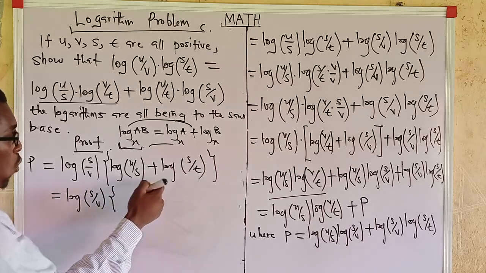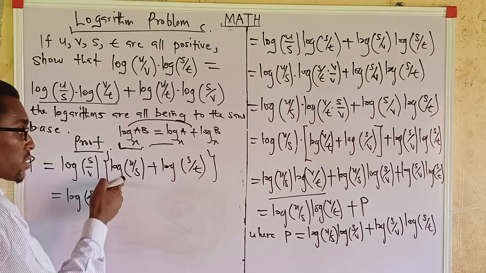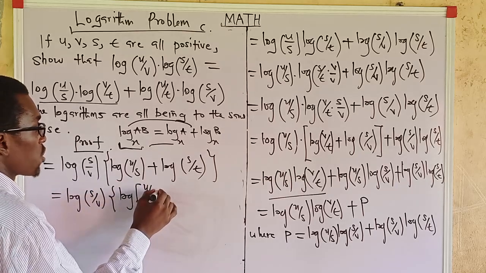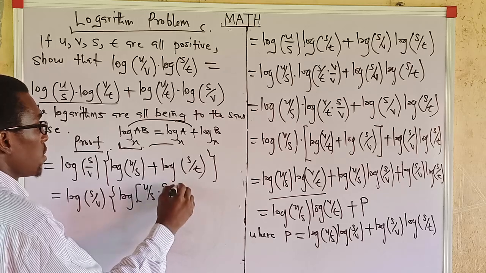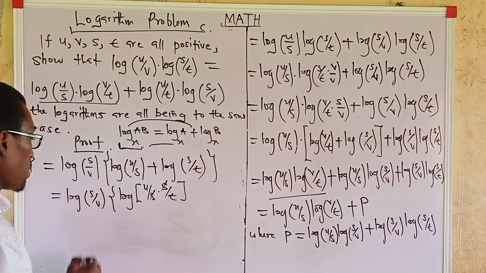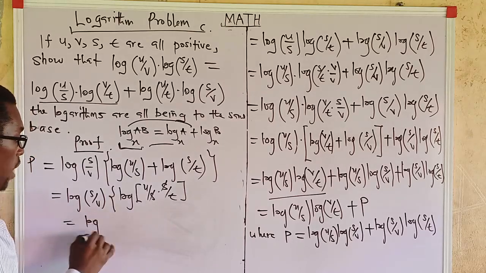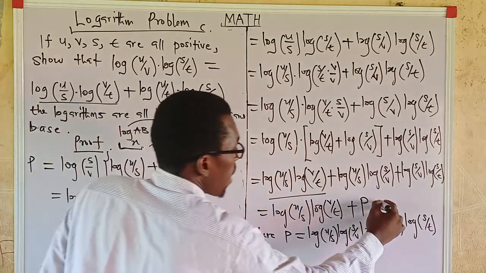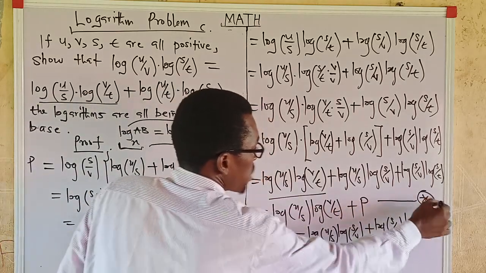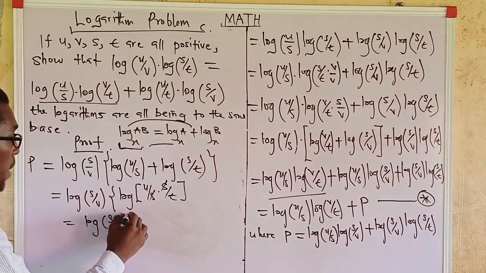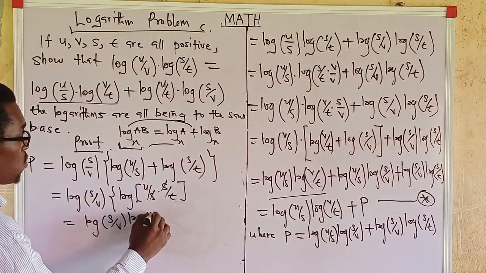In this case, reversing it by the law, it will become log to an arbitrary base of U over S multiplied by S over T, from whence this S will cancel out with this S. You agree with that? So in this case, we'll be having log to an arbitrary base of S over V, or please let's call this one star for reference purposes. We shall refer to it again if we're done with this side. Then multiplied by log to an arbitrary base of U over T.